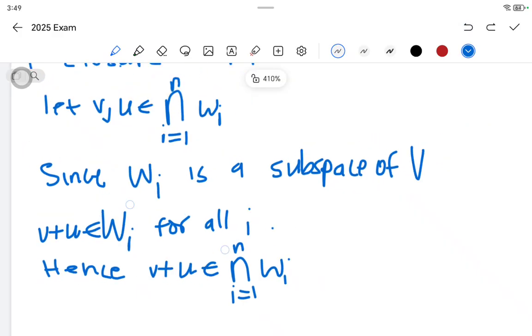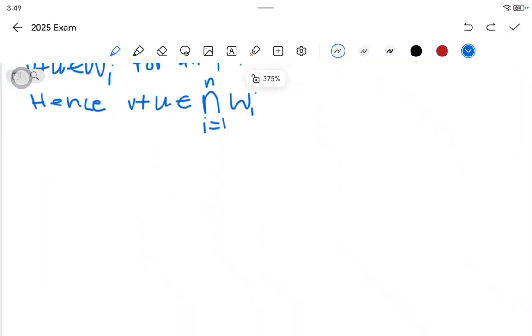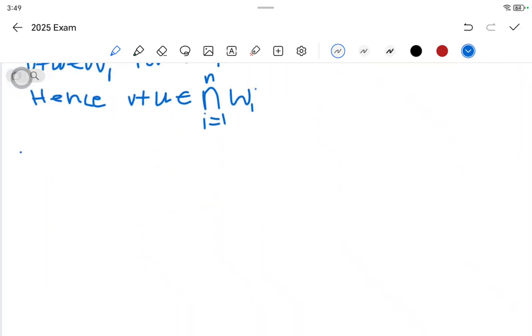Then the second thing that you can do is to show that this contains a zero vector. So you can just come and say that since each Wi, you see all the reasons are the same.